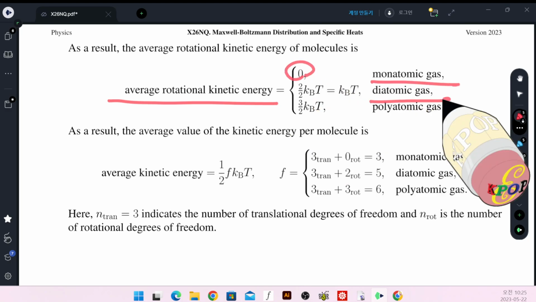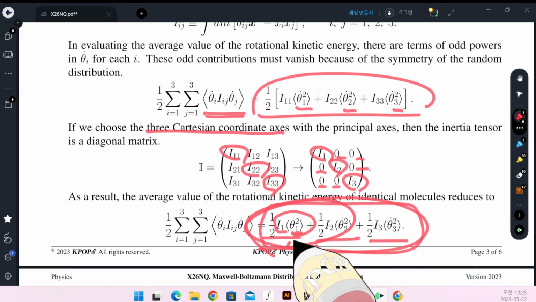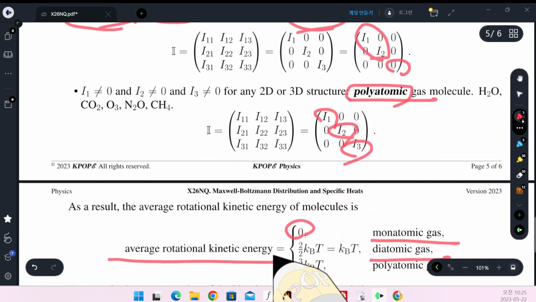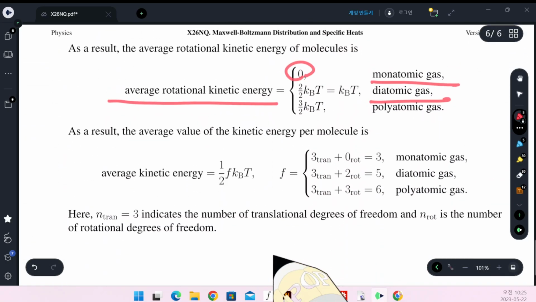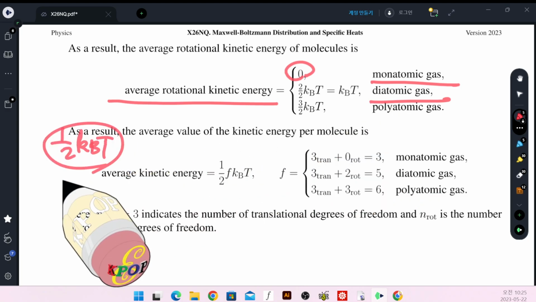In a diatomic gas, because we have two components of I, we have 1/2 kBT per degree of freedom.